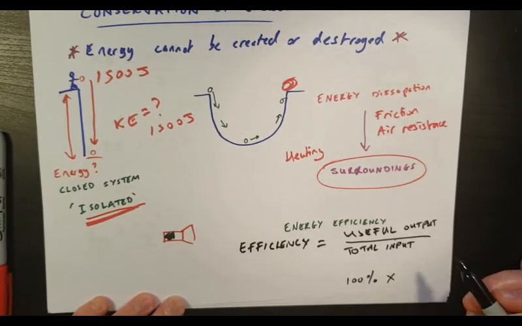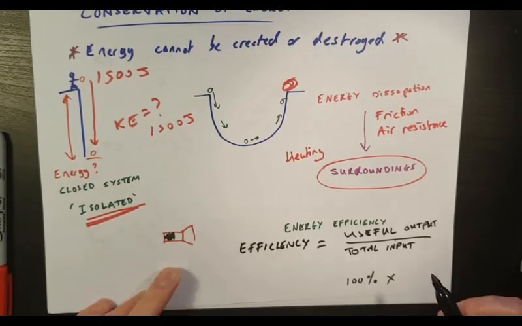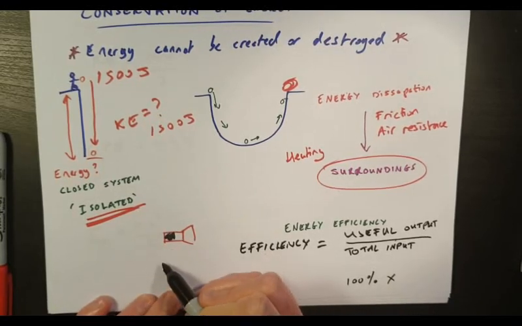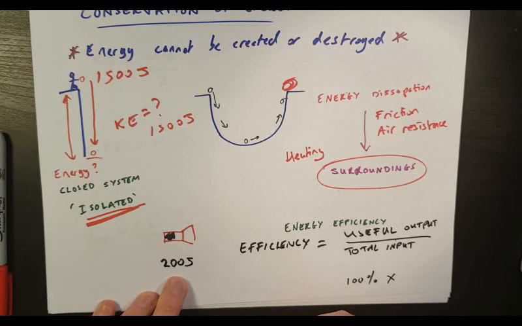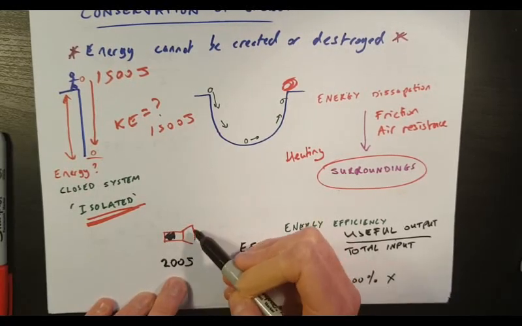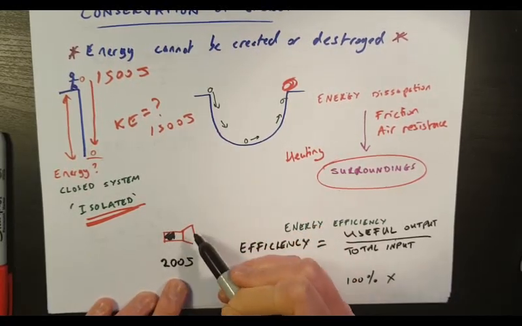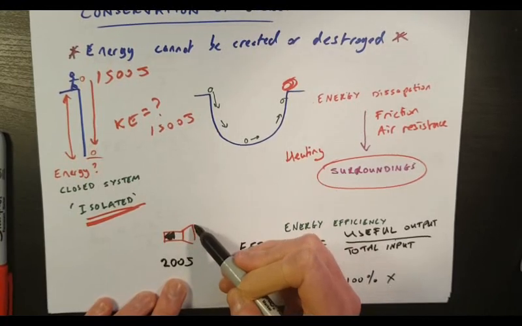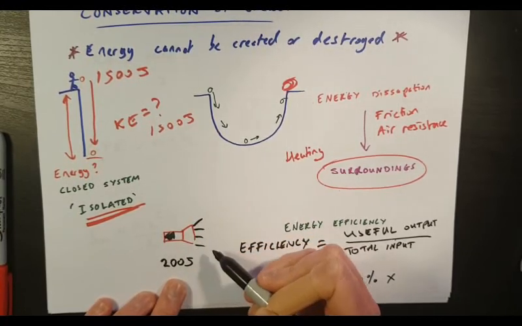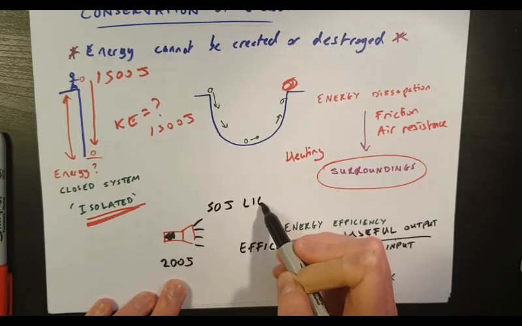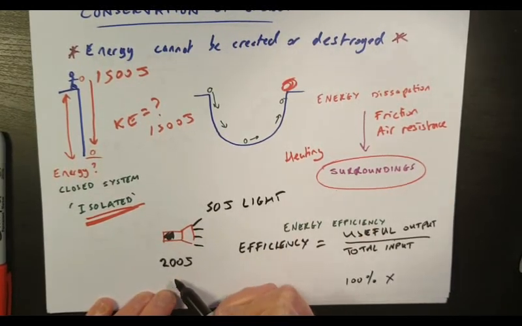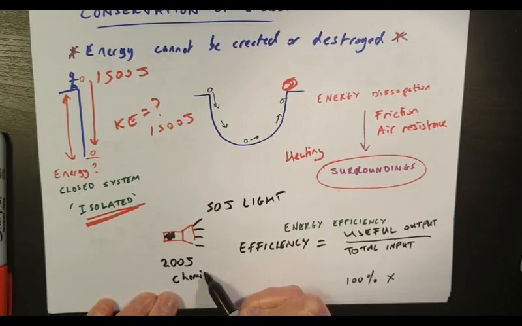So for example, if this was putting in 200 joules of chemical energy, and you were only getting out, let's say it was quite an inefficient torch, 50 joules of light energy with 200 joules of chemical.